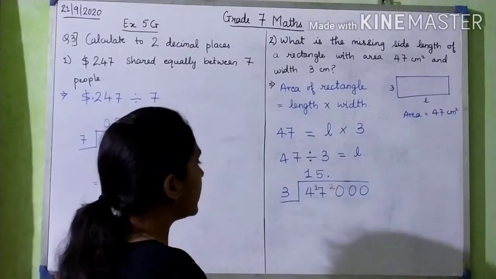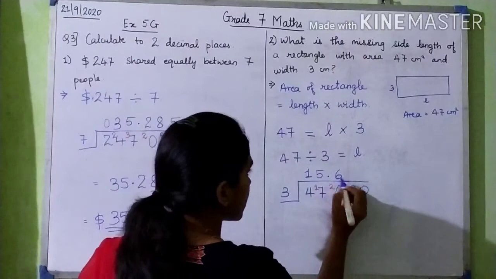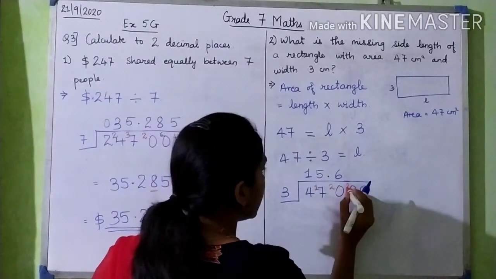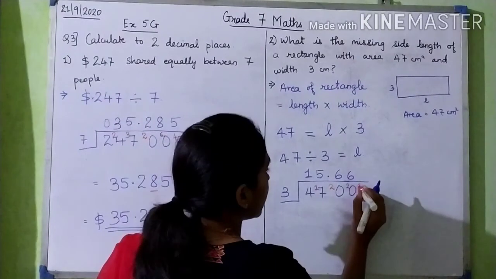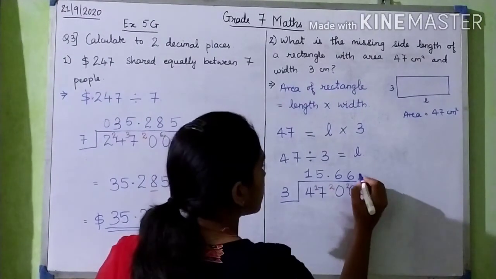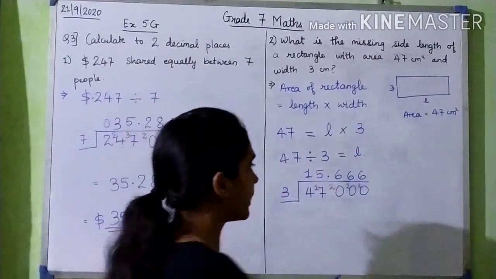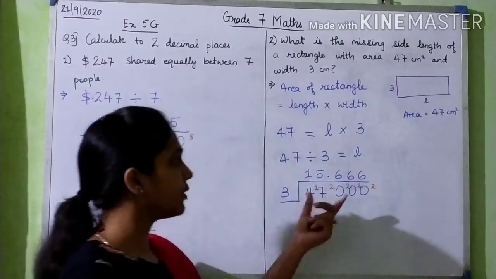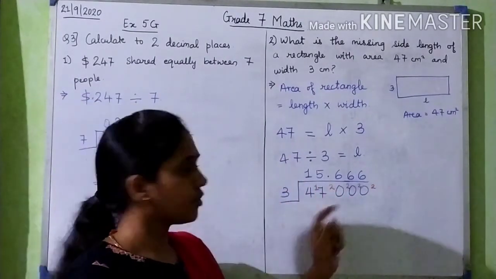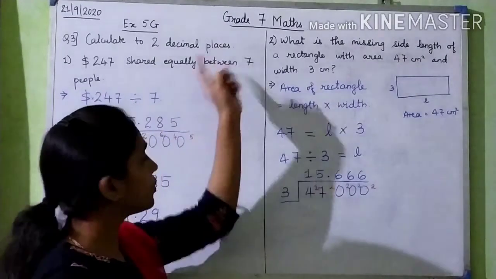So this is 20 now. 3 6s are 18, again 2 will be left. Again 3 6s are 18, 20 minus 18 is again 2. So this again is 6. This will go on continuing, but we have to stop up to 3 digits because we need to find it up to 2 decimal places.